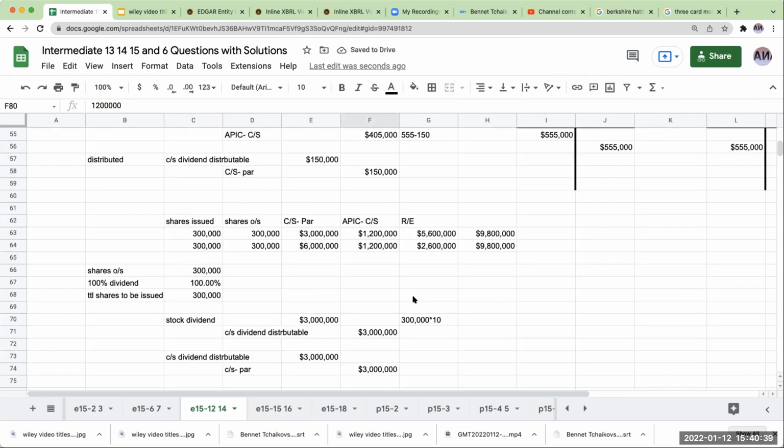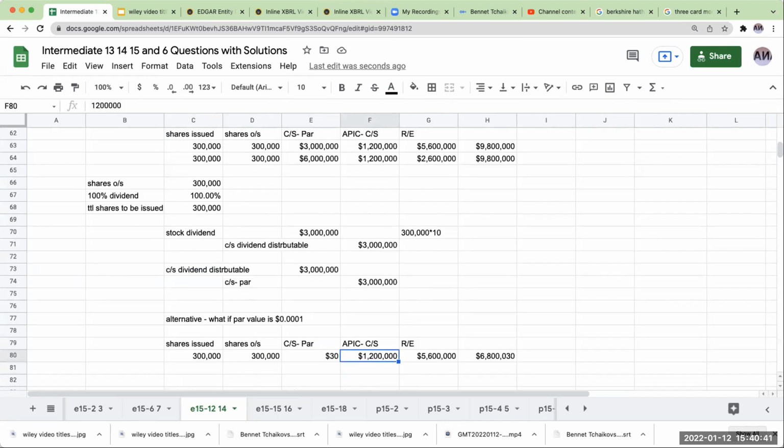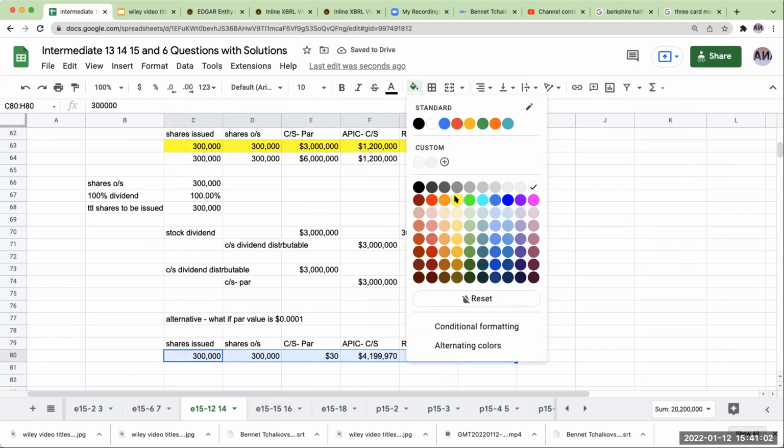So now you look at the additional paid in capital common stock. This would be now 4.2 million minus 30. And then you'd have retained earnings. So we're at the same number, right? So all I'm doing here is I'm basically saying, well, what if the par value is now 0.0001, right? That's what I'm doing right over here.